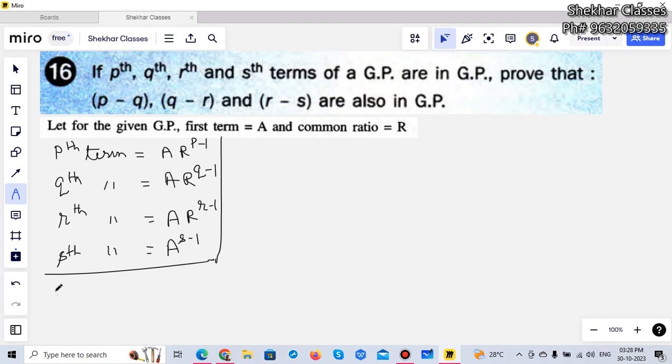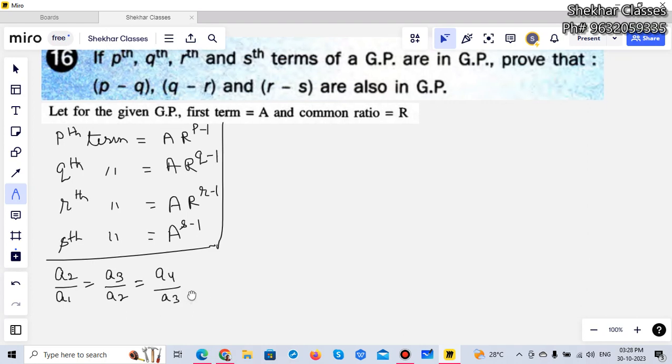If these are in GP, then the second term upon the first term will give you the common ratio. So we write A2 upon A1 is equal to A3 upon A2 is equal to A4 upon A3.